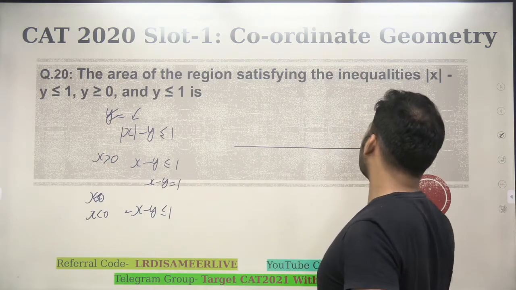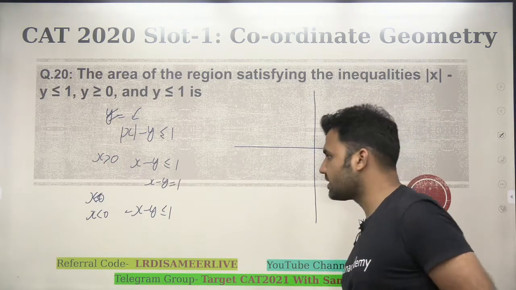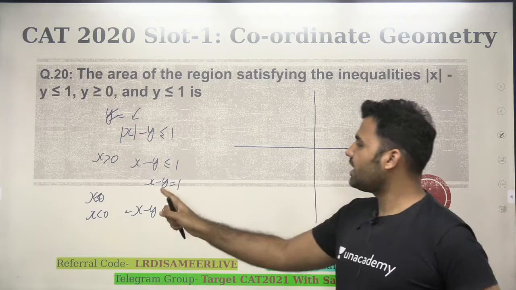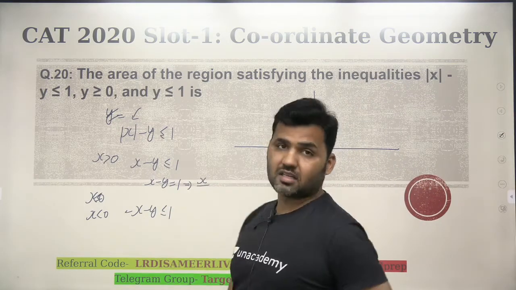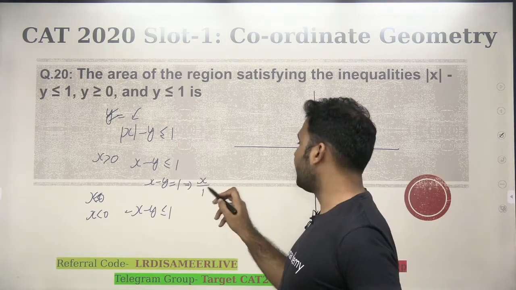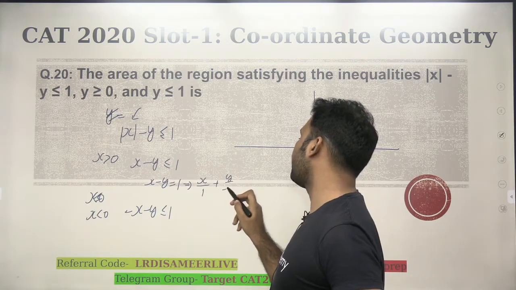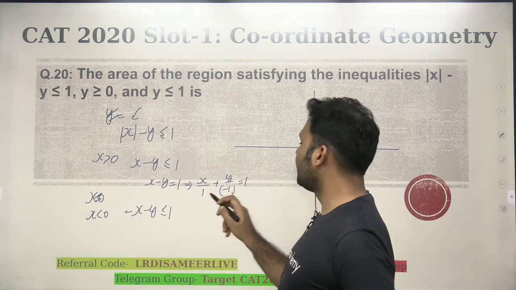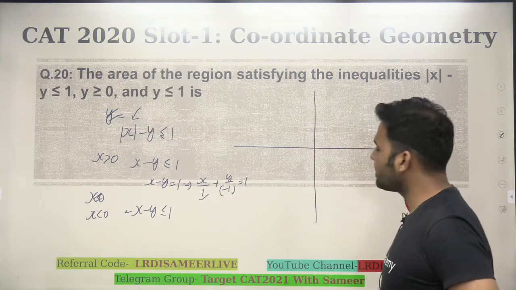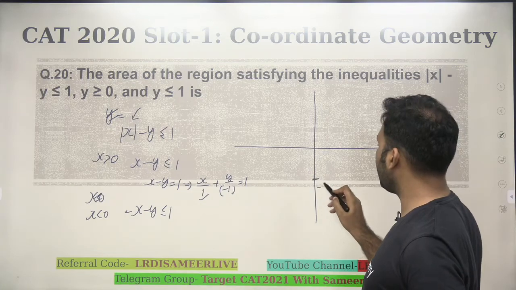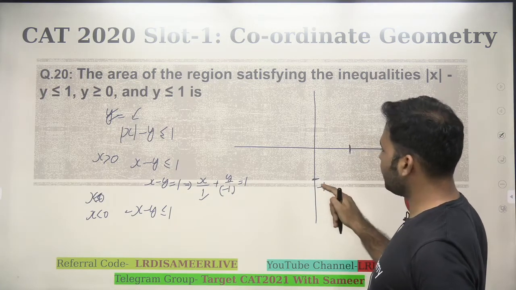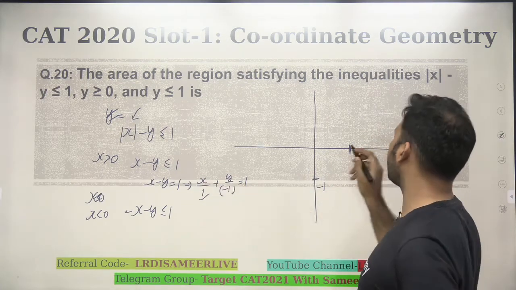If I draw the coordinate axis, x-axis and y-axis, x minus y is equal to 1 can be converted into the intercept form. X upon 1 plus y upon minus 1 is equal to 1. That means 1 intercept on x-axis and minus 1 on y-axis. This is minus 1 on y-axis and positive 1 on x-axis.